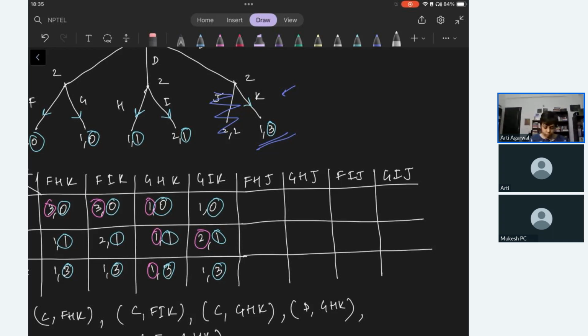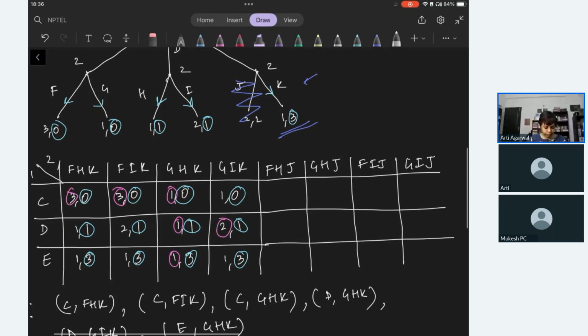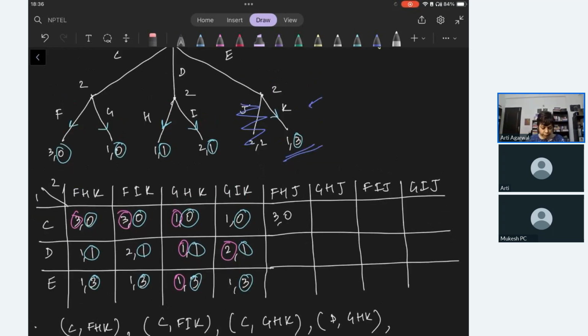And let's see now. One plays C, two plays F, H, J. This is 3, 0. One plays D and he plays FHJ, 1, 1. One plays E and this is 2, 2.